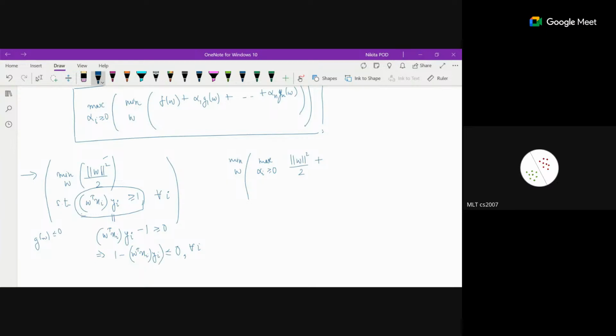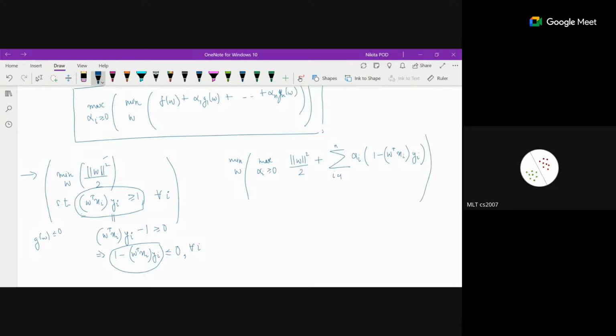So now this is my G of W, right? So what can you write? Now this would be the sum over alpha i, where i is varying from 1 to n, times G of W, and G of W is my 1 minus W transpose Xi Yi.